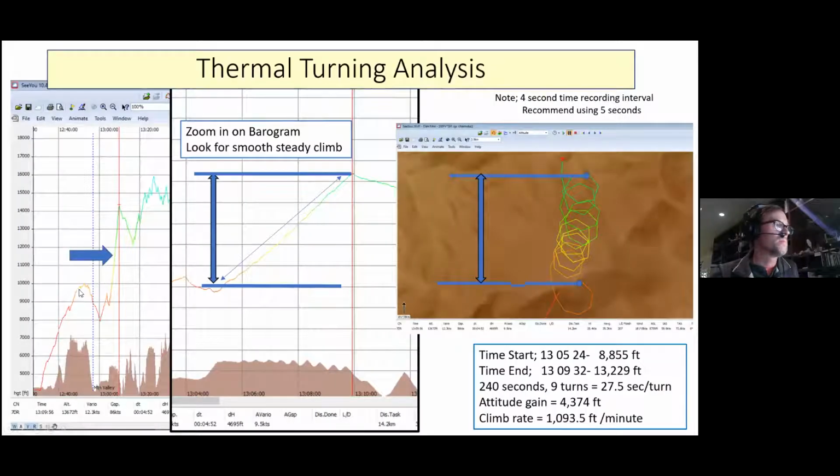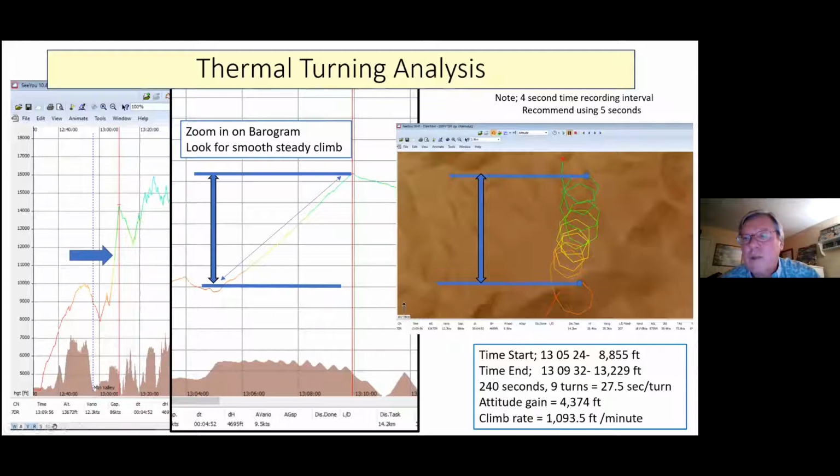So here's the barogram full scale, and this happens to be a pretty good thermal. And if you zoom in on it, you can see that was pretty straight. But if it wasn't, like here, there's a good example. That's not so good. Fell out of it there. And here's what I'm talking about. Here's my path. This was with a 4-second interval, as I recall, on this one.